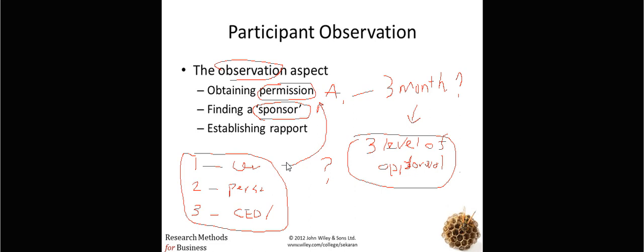Then establish the rapport. Rapport means a relationship. You need to develop the relationship with the company, because you want to ask the company for the approval. They will ask who are you. That means you need to introduce yourself from that university, UUM, the target to collect the data and so on.